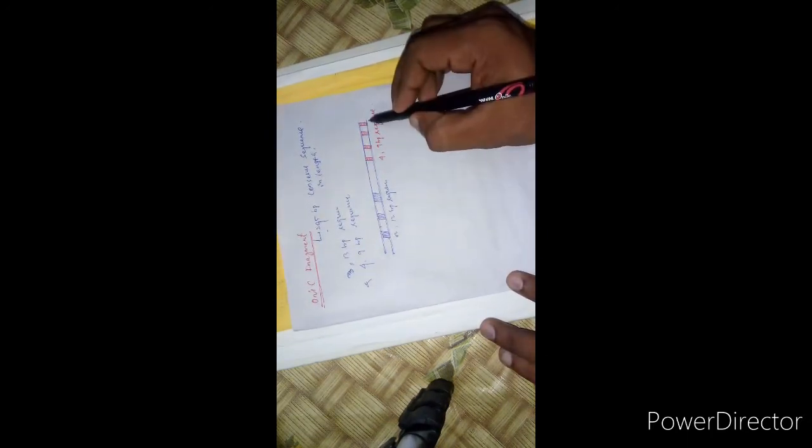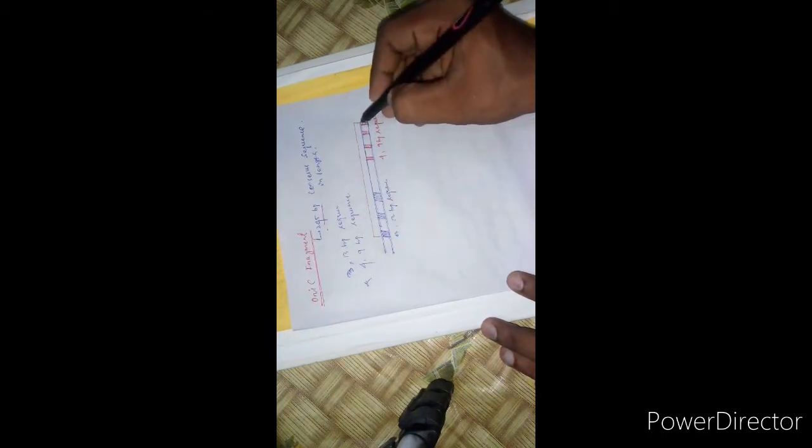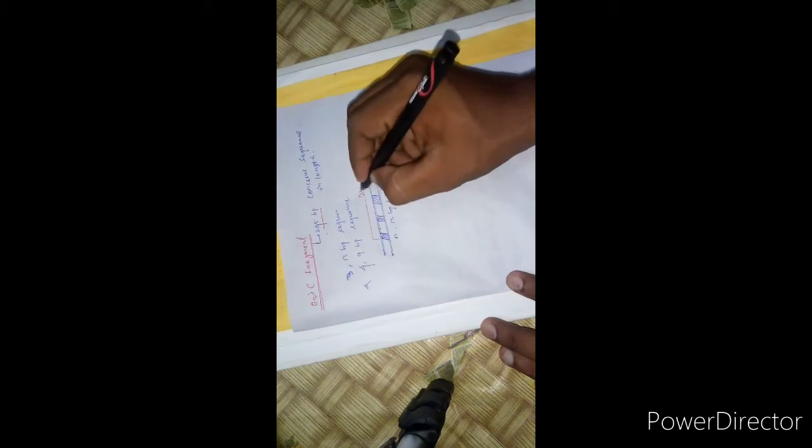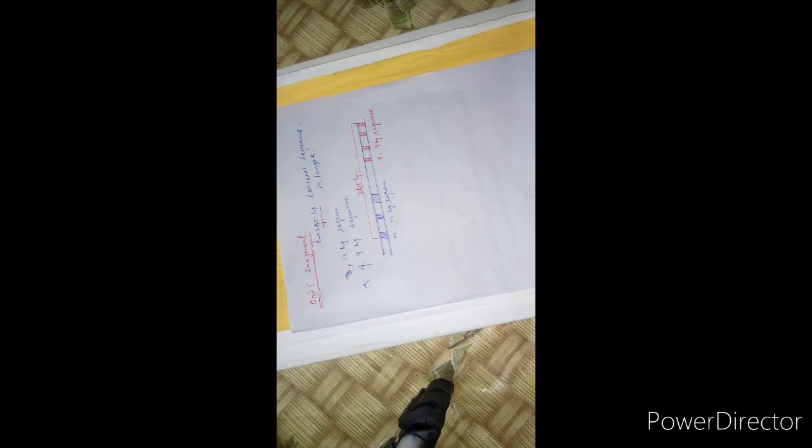From here to here, the length will be 245 base pairs.